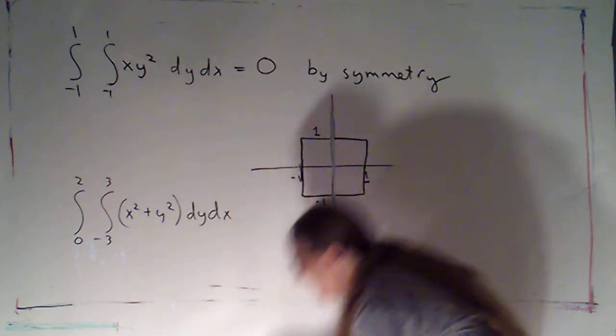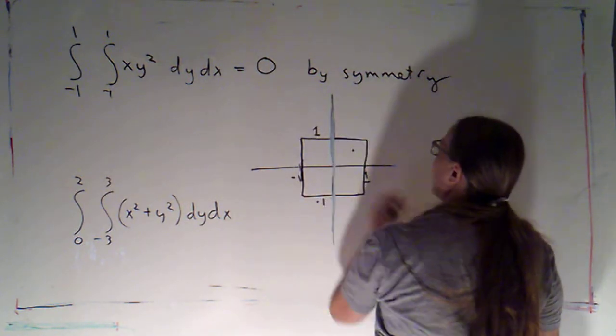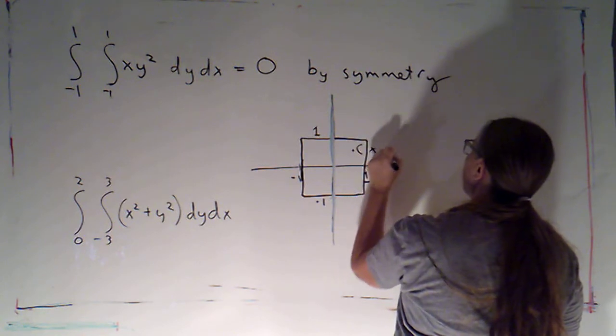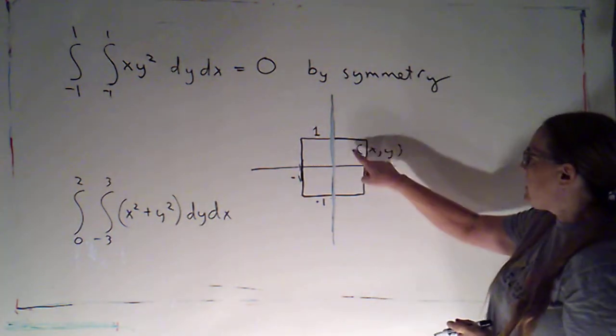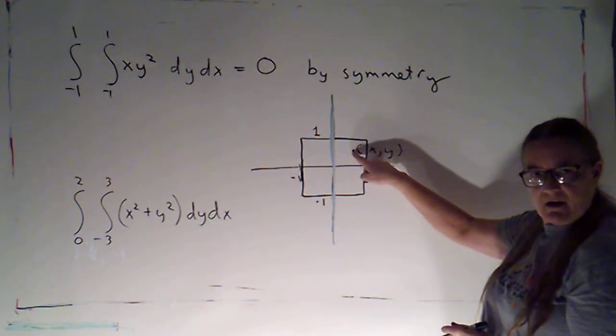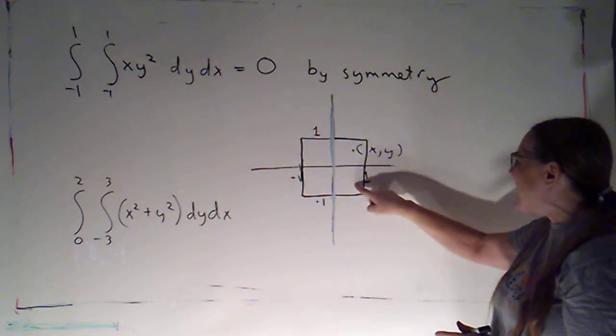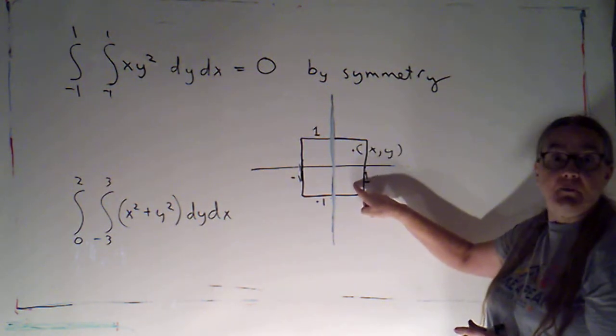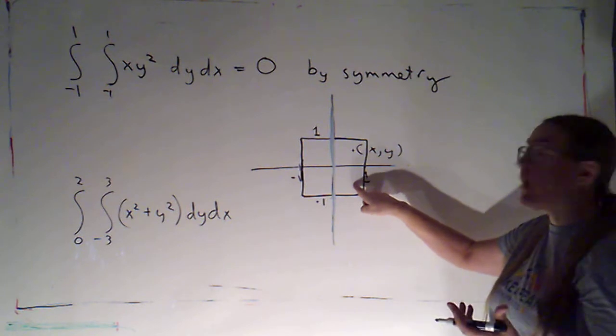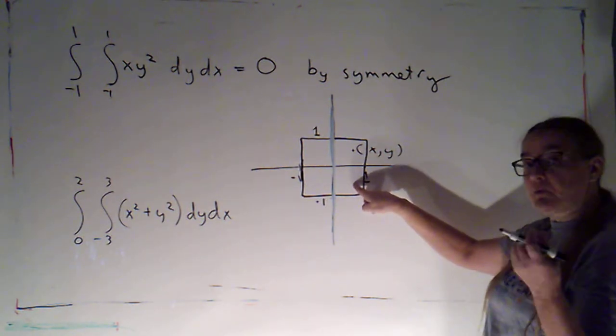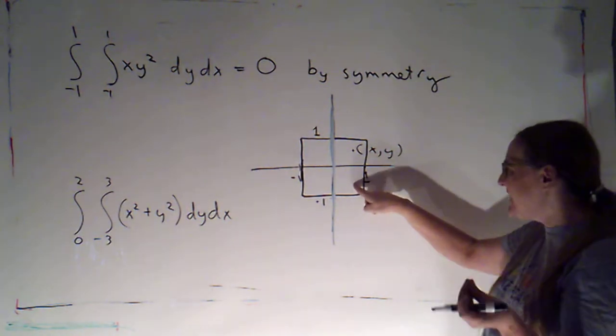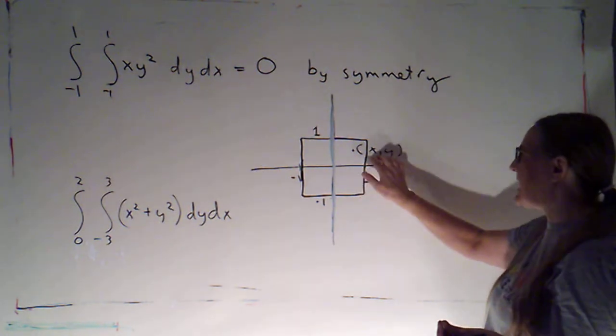Now, if I pick a point on the right side, I'm just going to label that as an arbitrary point (x, y). I happen to have put that up here, where x and y are both positive. I could just as well have put it down here, where x would still be positive, but y would be negative. So the presence or absence of a plus or minus sign isn't telling me the sign of x and y.